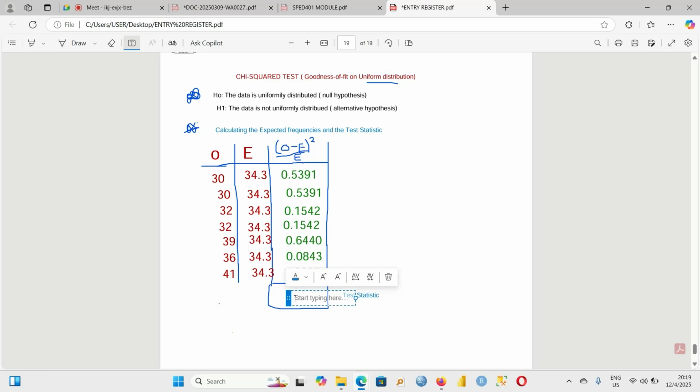So let's calculate to find the test statistic. We are going to sum everything.